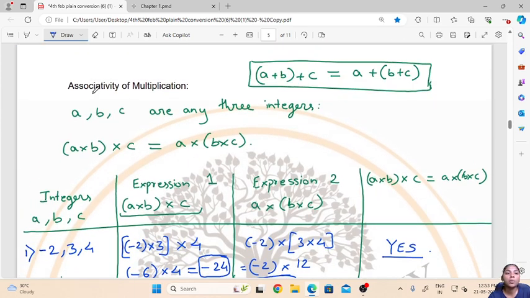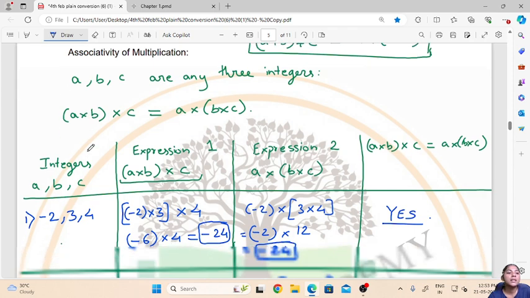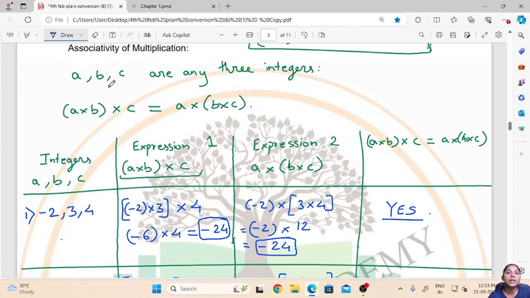Then the associative property of multiplication is that for any three integers a, b and c, the product of a and b multiplied by c is equal to a multiplied by the product of b and c.